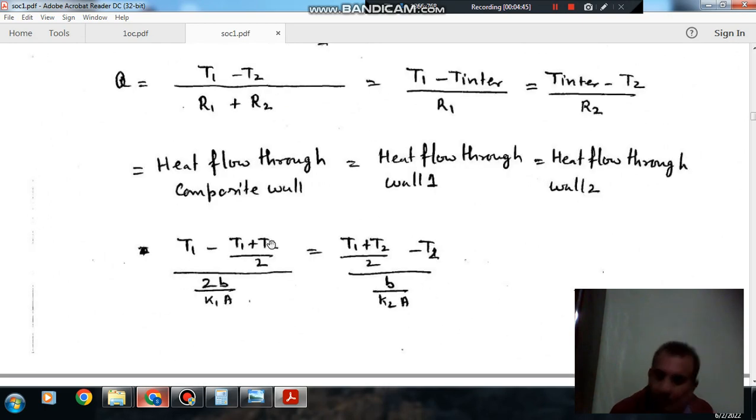Now it is given that T inter is the average of these two.